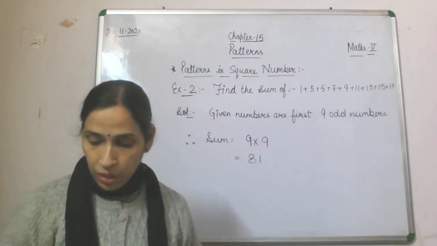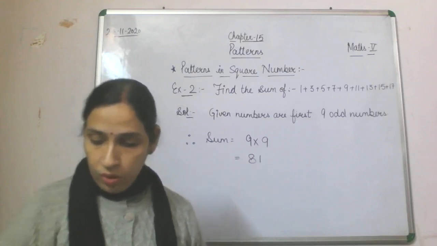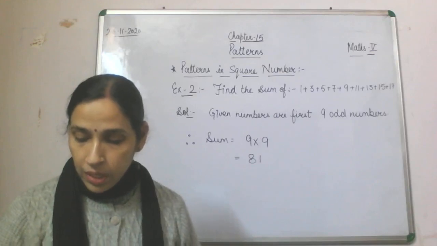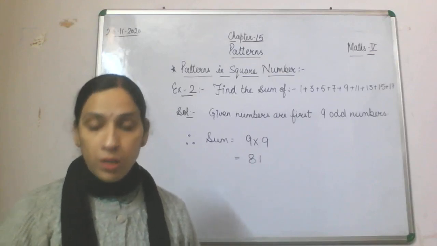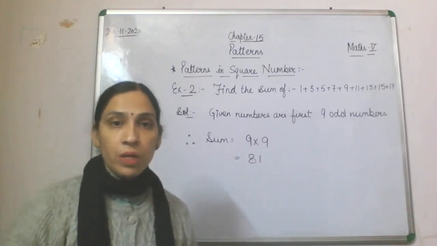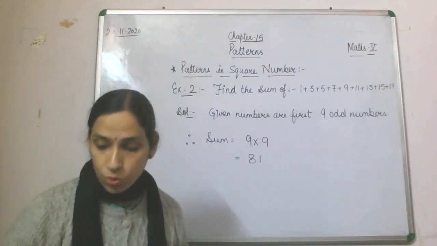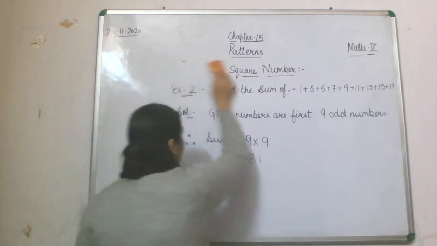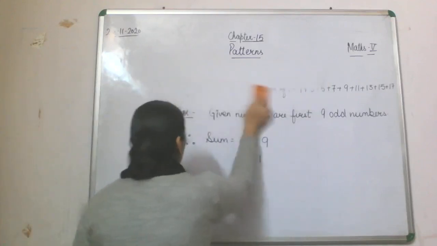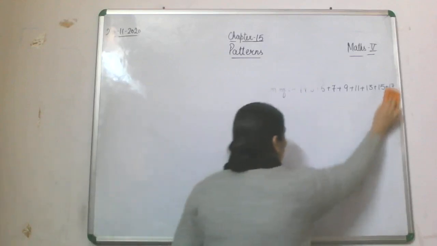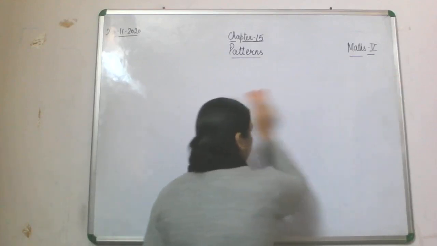So here what we are going to do now is find the next square number. Now we'll do a few questions from exercise 15.1 that are related to square numbers only, and we will find out whether what we understood is applicable in the questions or not. So how were we finding a next square number from a previous square number?